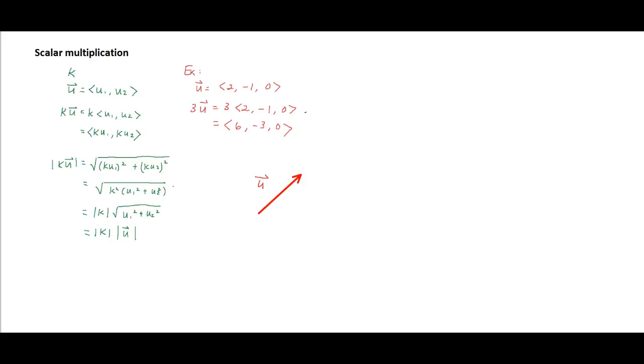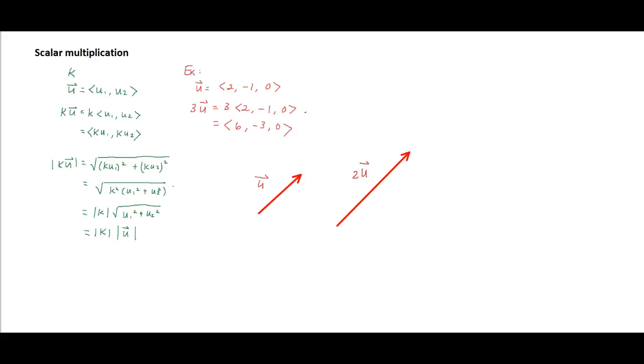What that means is that the direction doesn't change at all, but the length of vector u is going to double, right? So this is what we get. So if this is vector 2u, then the length is going to be exactly twice as long as vector u.